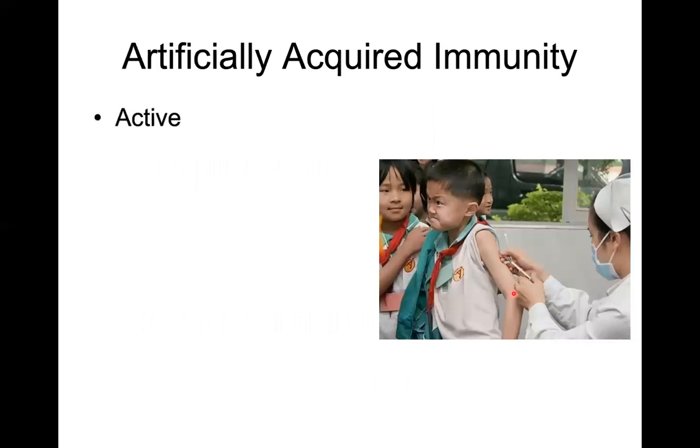Artificially acquired immunity can be active. And this is where vaccinations come in. So you can be introduced to an antigen, and vaccinations will do that artificially.